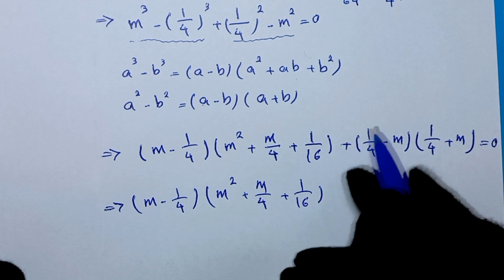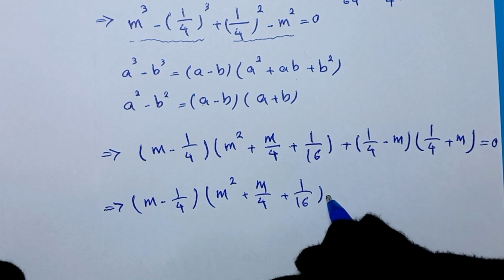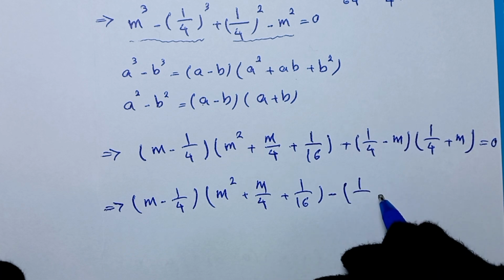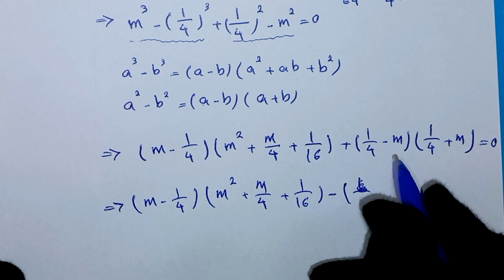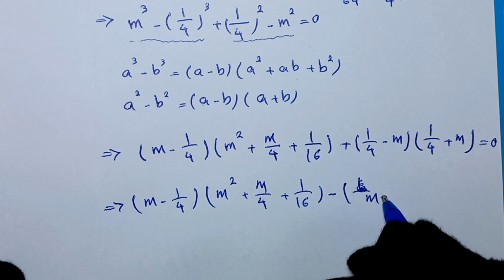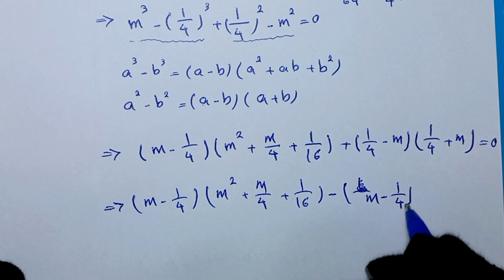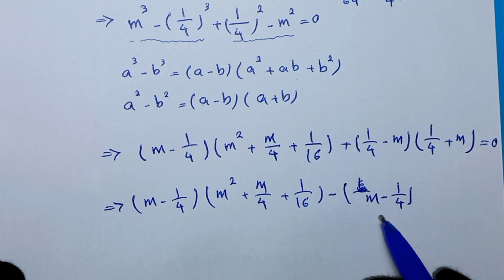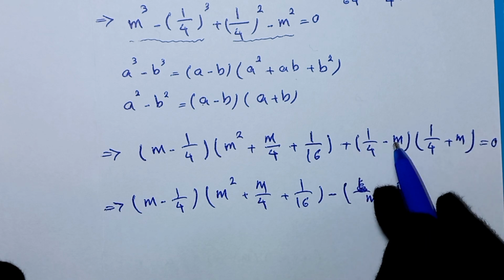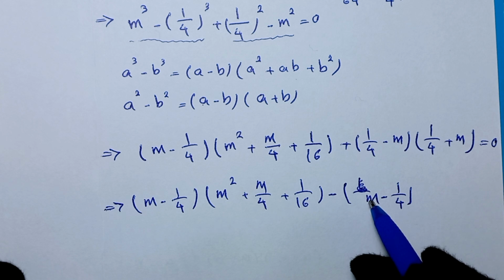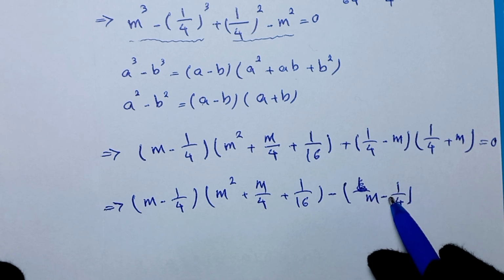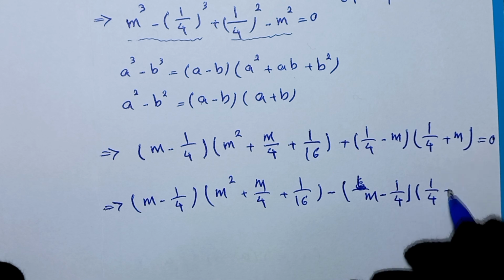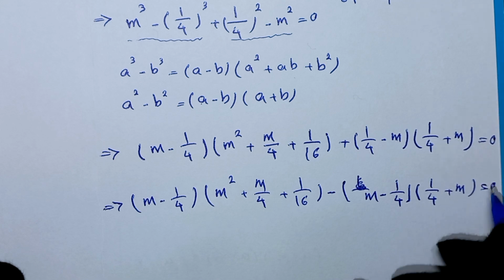And if we factor negative 1 here, it will be negative 1 times m minus 1 over 4, right? Here we have 1 over 4 minus m, and if we factor negative 1, it will be positive m minus 1 over 4, okay? Times this 1 over 4 plus m is equal to 0.